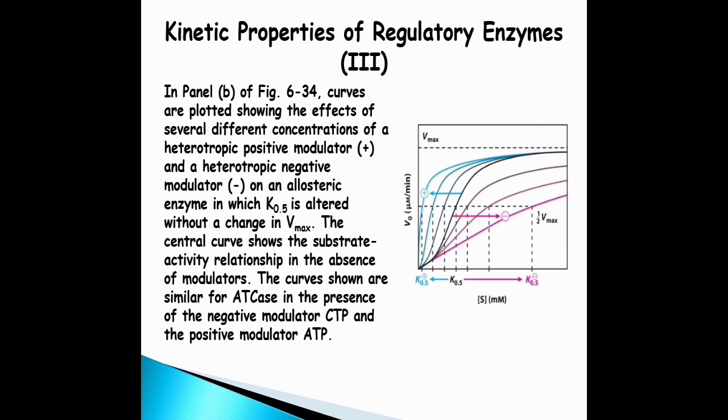The central curve shows the substrate-activity relationship in the absence of modulators. The curves shown are similar for ATCase in the presence of the negative modulator CTP and the positive modulator ATP.